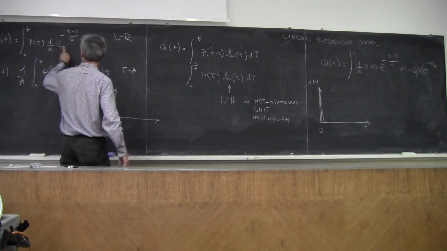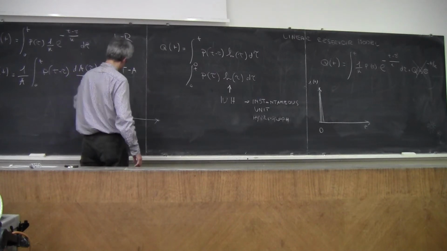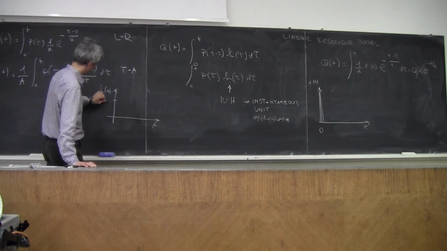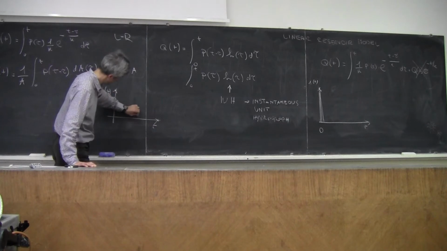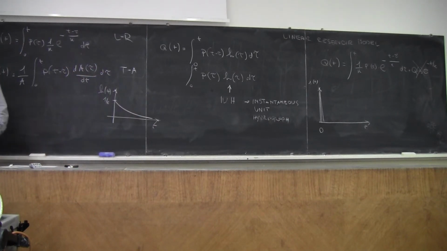If you put here h(t) over time, you start from 1 over k, and then the IUH tends to 0, you see here.